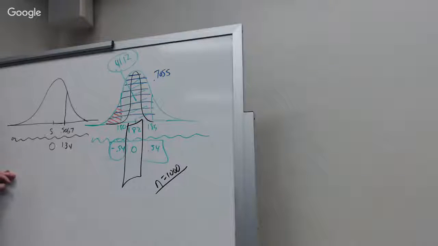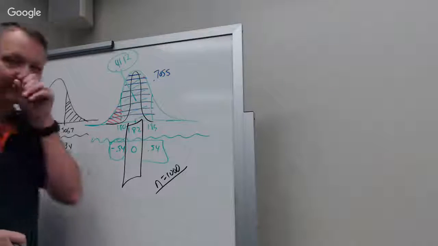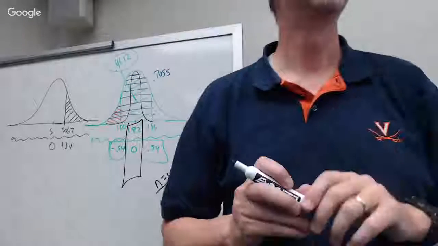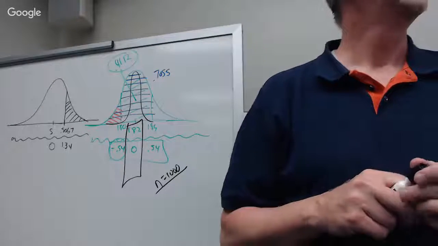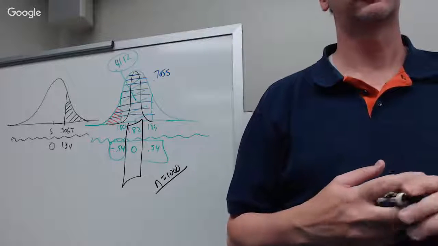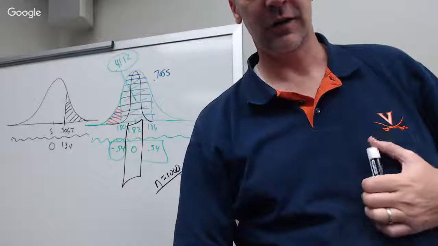So I want to shade the right side. I want to know if the coin is unfair. Okay, how do I find this area? I've got two methods.